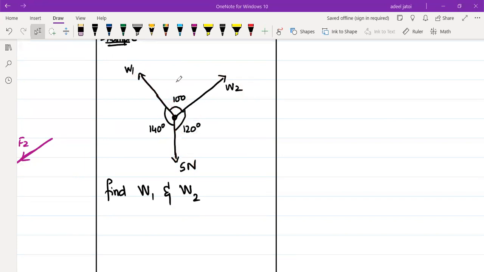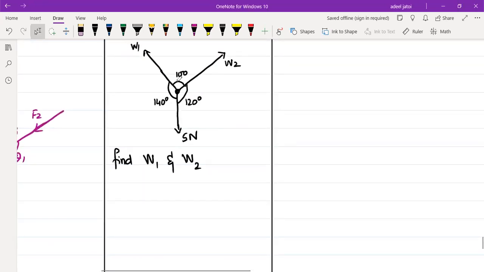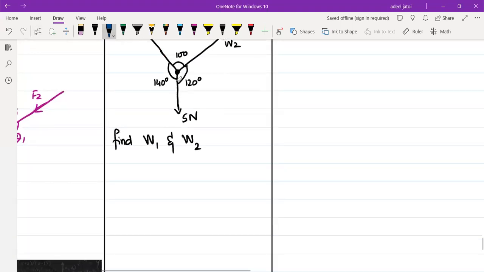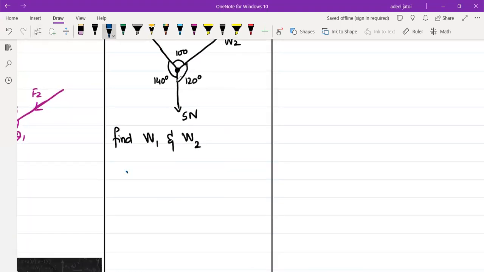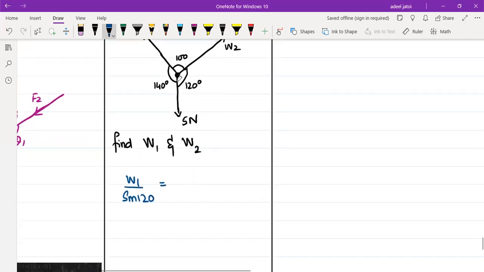So we can solve using Lami's theorem: W1 upon sine 120 is equal to 5 upon sine 100.